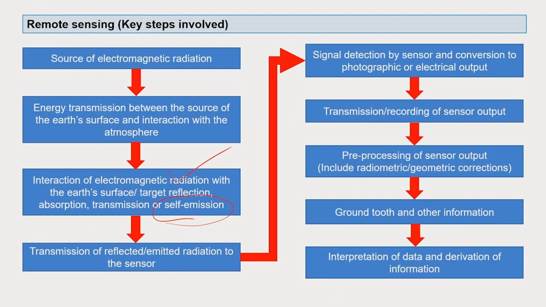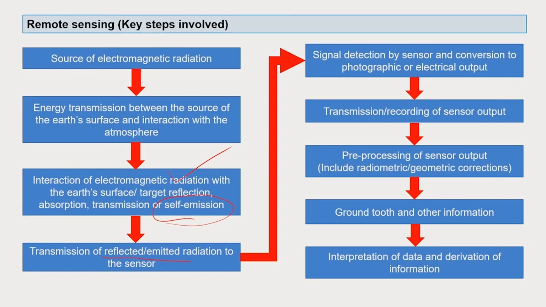Okay. So the transmission of the reflected or emitted radiation goes to the sensor, the satellite up there. The signals which are sent from the surface of the earth get detected by a sensor and then get converted to photographic or electrical output.